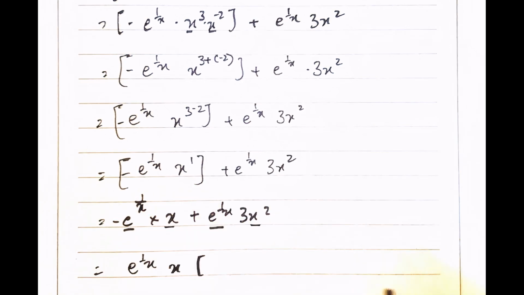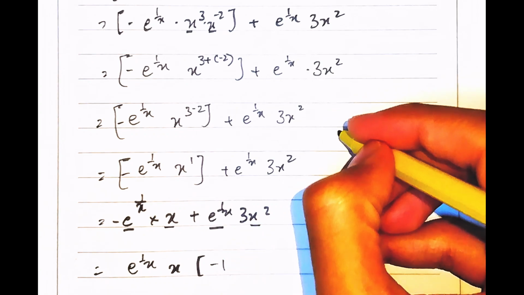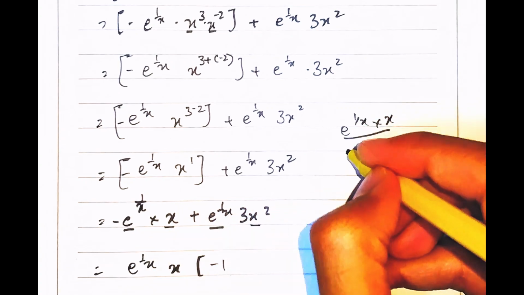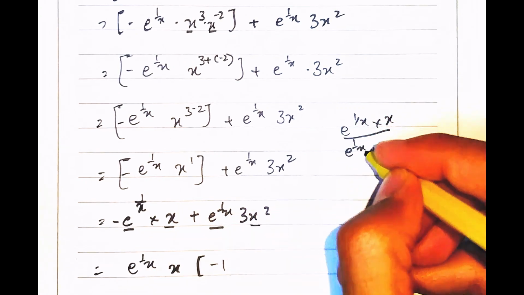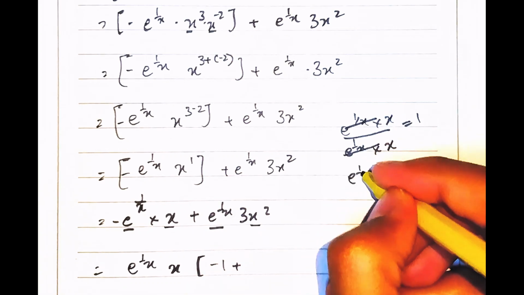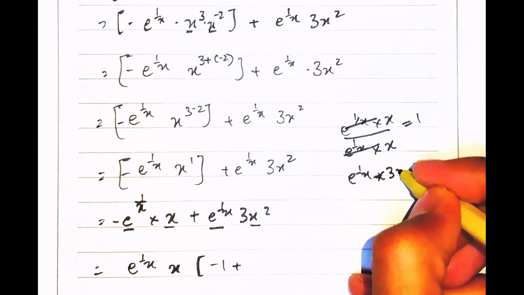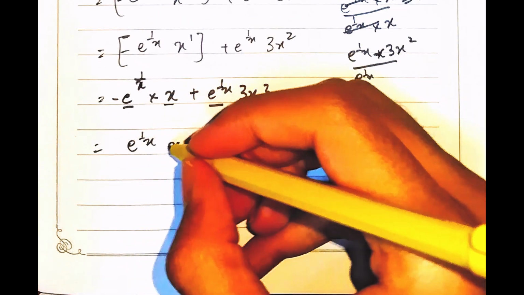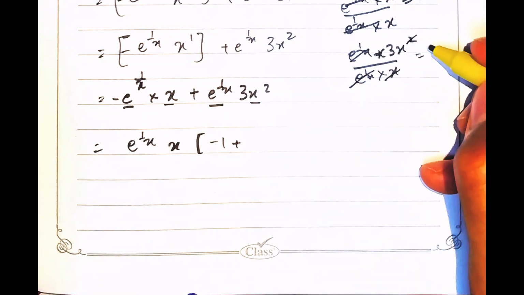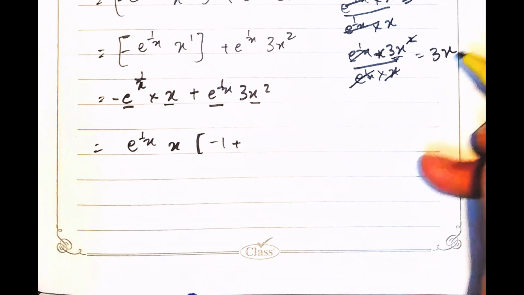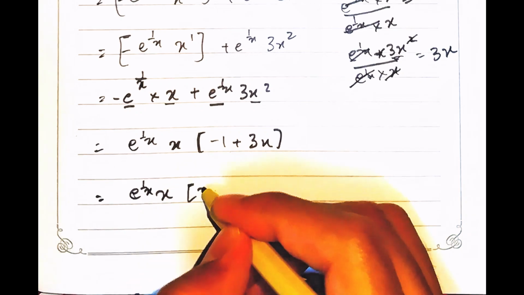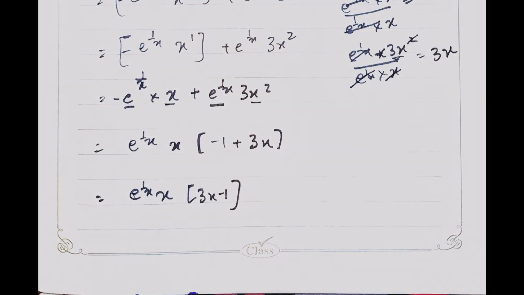Over here we are left with negative 1, because e^(1/x) times x, divided by the common factor e^(1/x) times x, cancels and leaves 1. Plus, e^(1/x) times 3x^2 divided by e^(1/x) times x leaves 3x. So I can rewrite this as e^(1/x) x (3x − 1). I hope you get the point of this video.